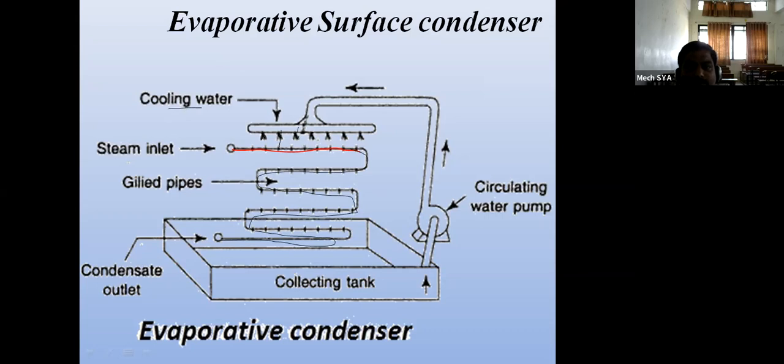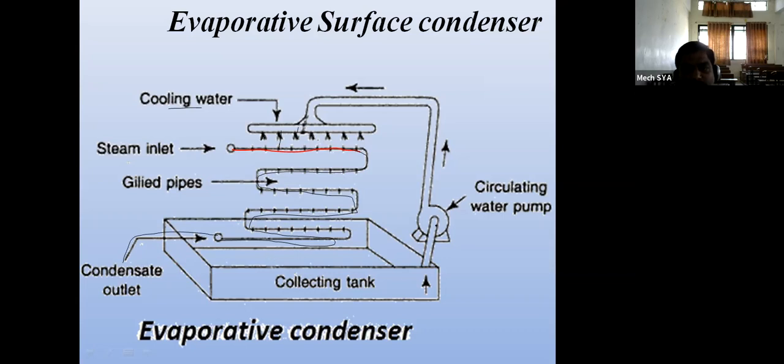Why nozzles? Because the cooling water will form smaller droplets, and due to that more area is exposed. The small droplets fall on these grilled steam pipes, and the steam starts condensing. The condensate is collected from the condensate outlet, and this water collects in the collecting tank.